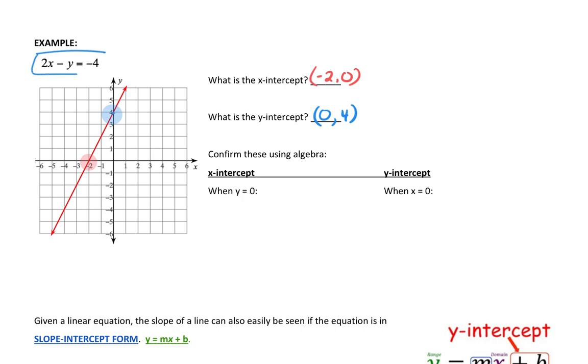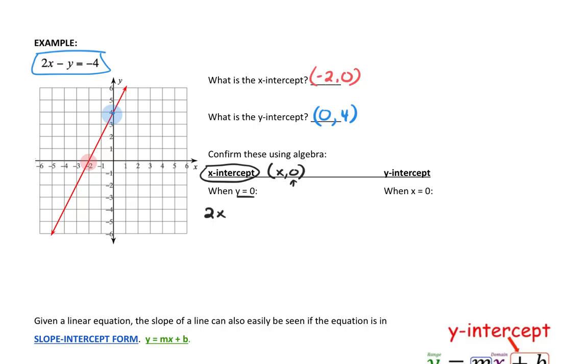Okay, confirm these using algebra. Well, here's the equation. If I'm going to confirm this with algebra, I'm going to write that equation, but I'm going to replace y with 0 when I'm trying to find the x-intercept. Because remember, the x-intercept looks like this. So I'm going to plug 0 in for y.